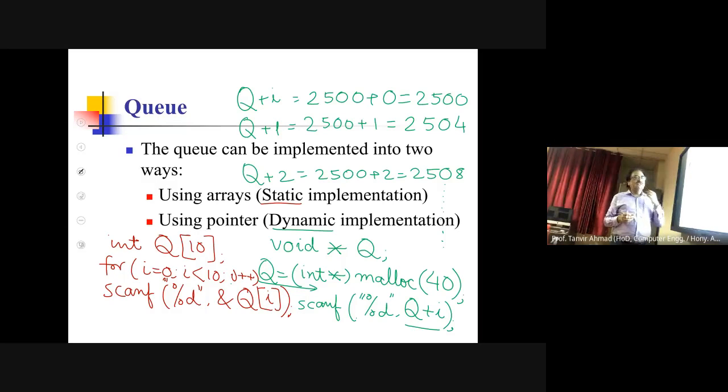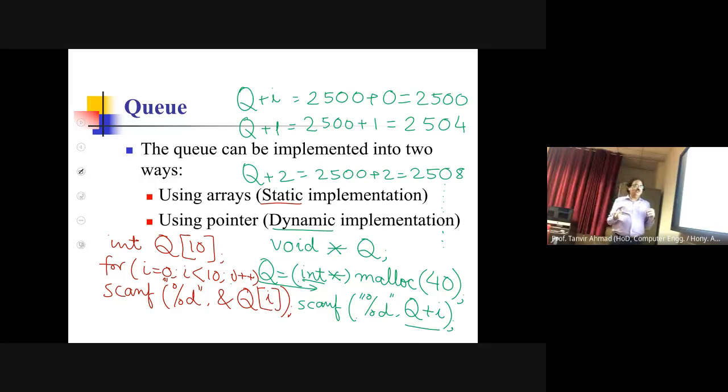But the problem is that you cannot know what the value of Q plus 1 will be until you know that Q is pointing to an integer. If this is an integer, this is correct. If this is a float, you have to increase by 4. If it is a double, you will increase by 8. If it is a character, you increment by 1, and so on.